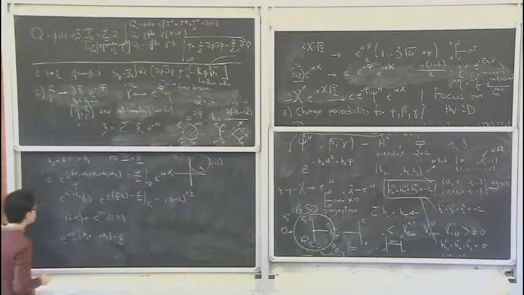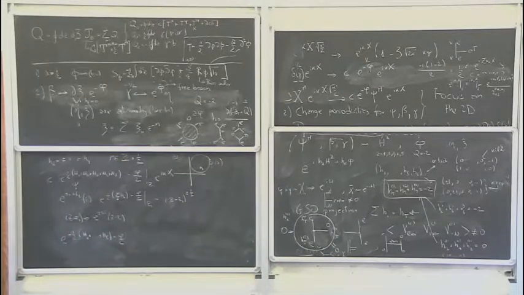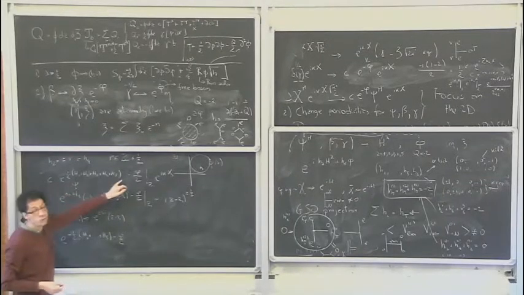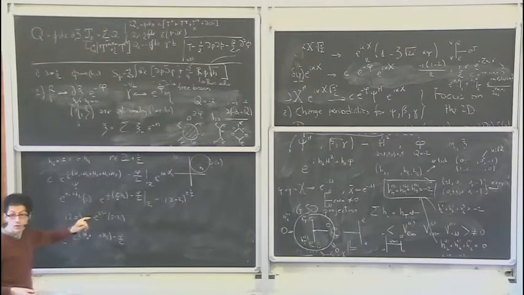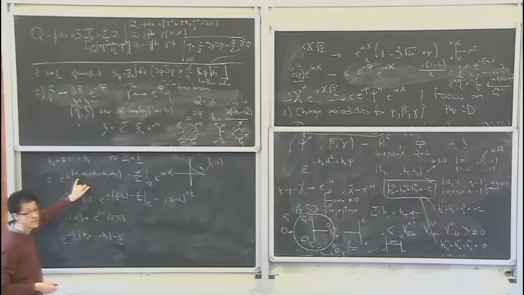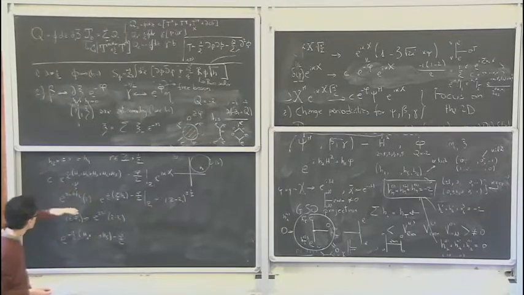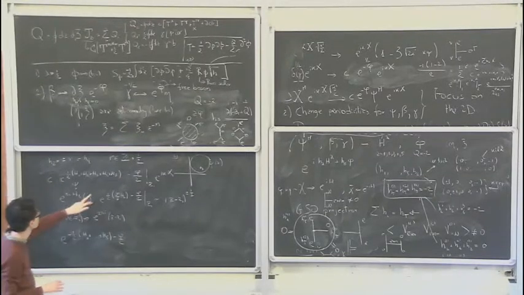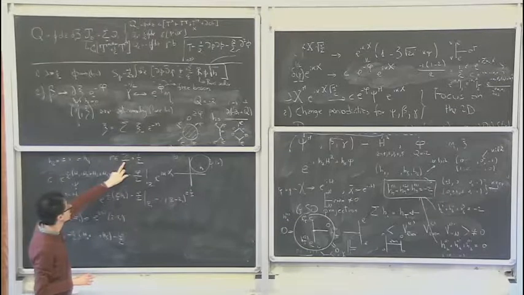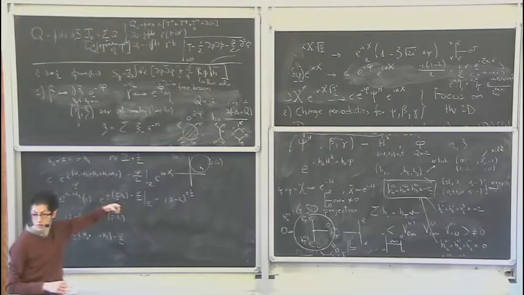Okay, in order to interpret this, I need to tell you a bit more about these states. First of all, how many states of this type do you have? The basic possible choice is to choose this to be either plus 1/2 or minus 1/2.